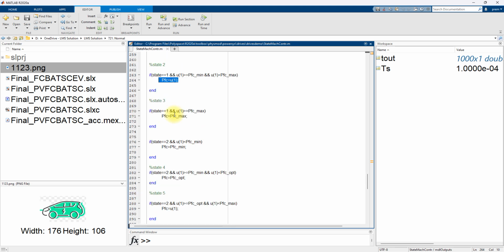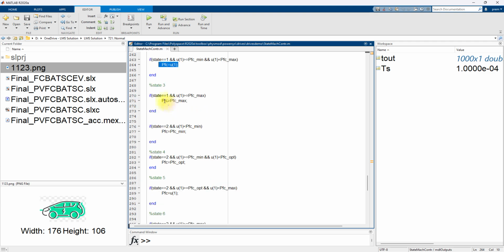In state 3, if state equals 1 and U of 1 is greater than or equal to the fuel cell power maximum, then we consider the fuel cell power equal to the fuel cell power maximum.